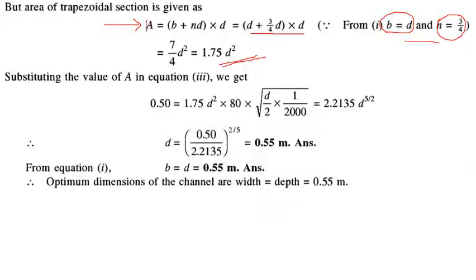Substitution for A is 1.75 d square. So we substitute 1.75 d square in the equation. So there is only one unknown in the equation, that is d. So we get d as 0.55 meters. That means breadth is equal to depth is equal to 0.55 meters. These are the optimum dimensions of the channel.